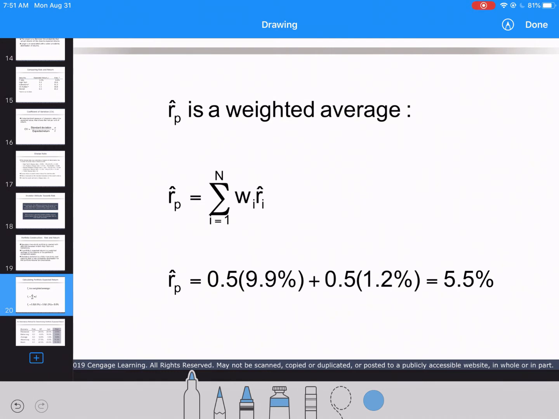There are two stocks. One is this one, and another is this one. This one is high tech, and this one is low risk. And we say that we are going to invest 50% in high tech and 50% in a low risk stock.